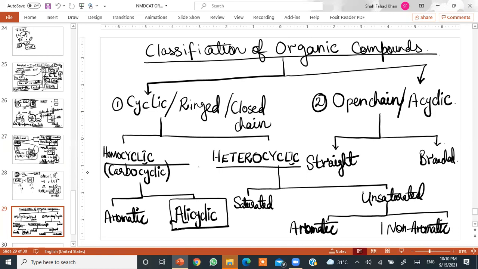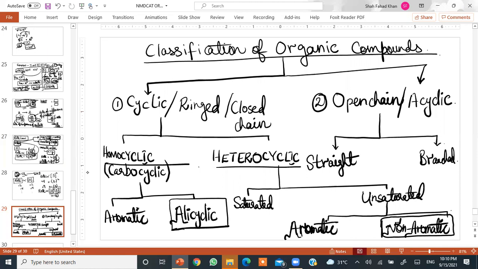Whereas non-aromatic is for those rings which do not have carbon atoms only, but rather have carbon atoms as well as some other atom in the ring, and they are still not aromatic. Okay, they still do not resemble benzene. There's a rule known as Huckel's rule, which is used for testing the aromaticity of a compound. Okay, we'll talk about that later on.